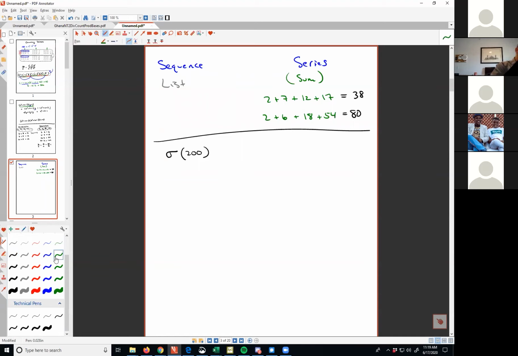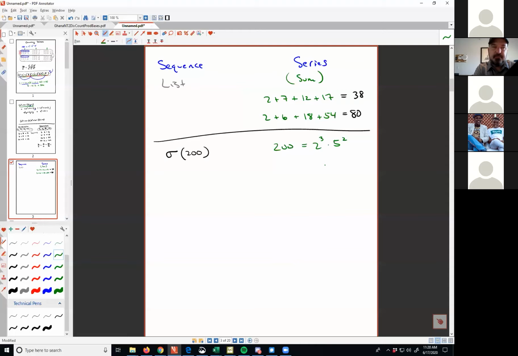Well, what's the first thing that we'd want to do with 200? The prime factorization. Okay, so we have 3 powers of 2 and 2 powers of 5. And let's say first, let's count the number of divisors.